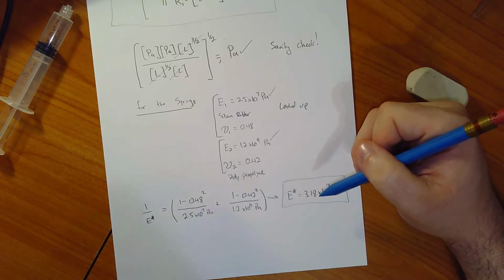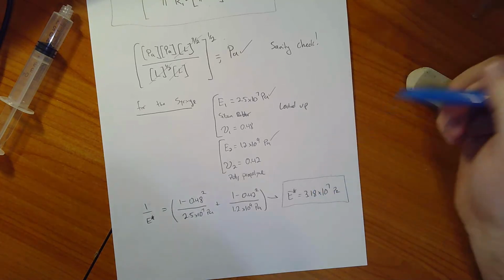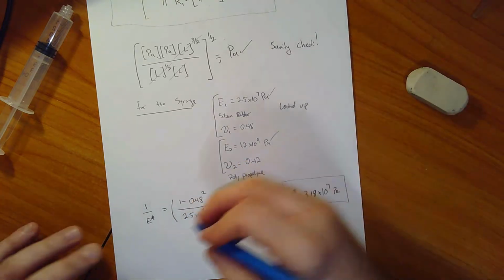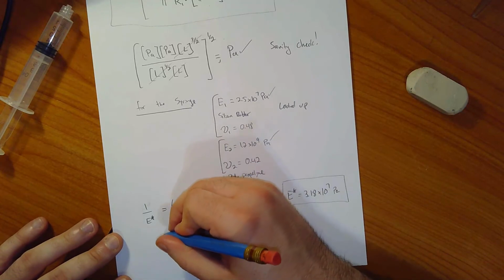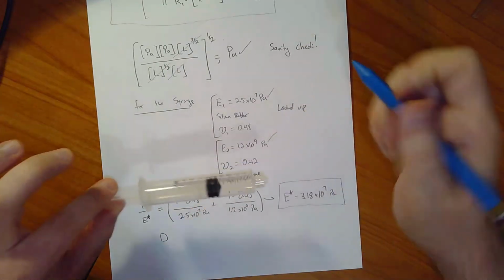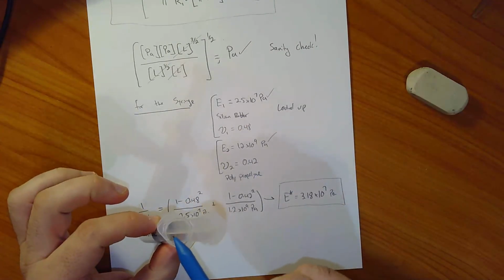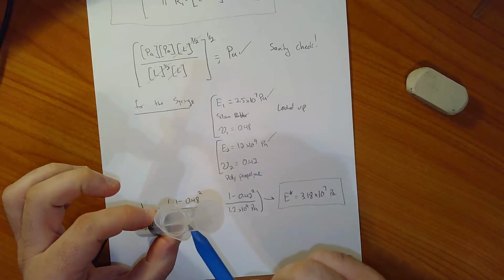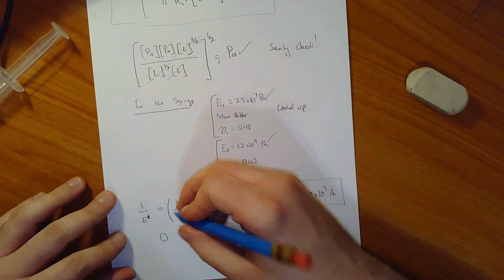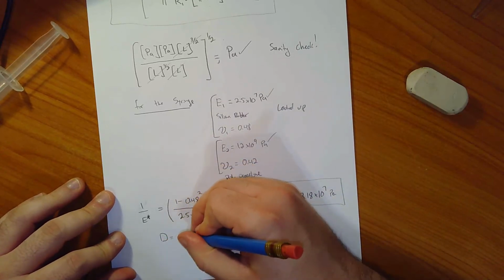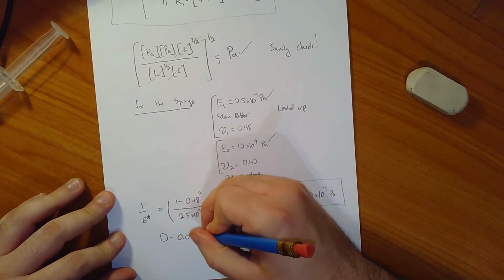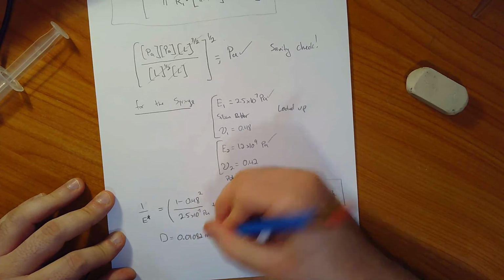And then when I take this E star and plug it in, I need a few more things. So my diameter in this case, that's now the inner diameter of the syringe barrel. So for me, that's going to be 0.01082 meters, and I measured that.